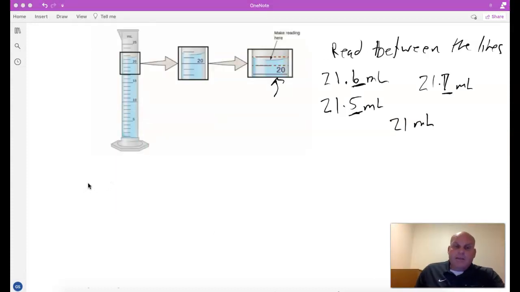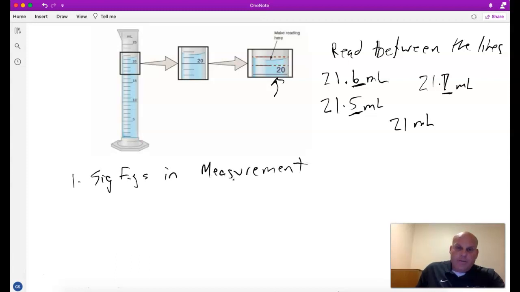As we talk about significant figures in this video, we're going to approach them in 3 different ways. 1, sig figs in measurement, which is what I just showed you here. 2, rules for sig figs.